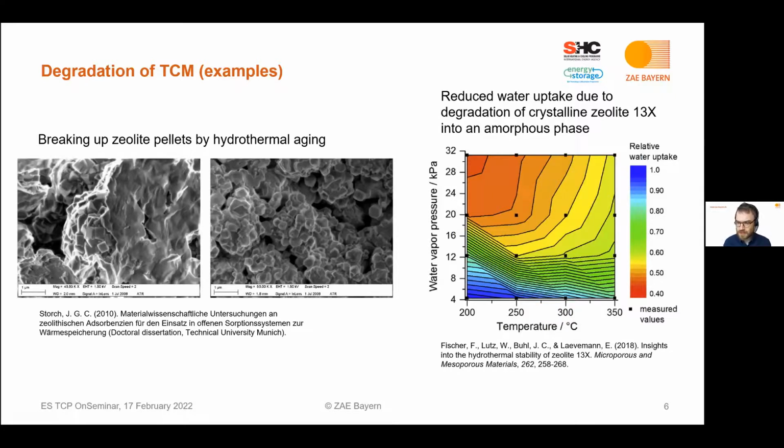That was investigated here on the right side, where the material was aged under different hydrothermal conditions, and it was found that the reduced water uptake strongly correlates with the temperature and the water vapor pressure, while the worst degradation was observed for the highest water vapor pressure at lower temperatures.